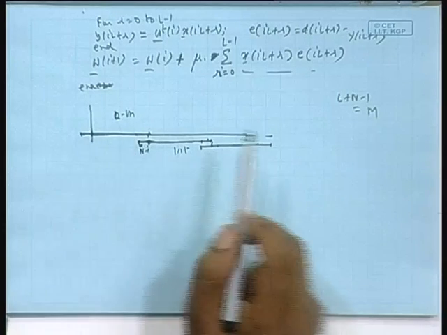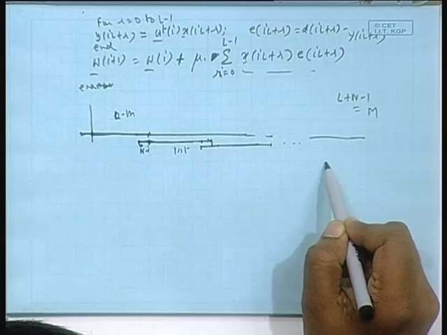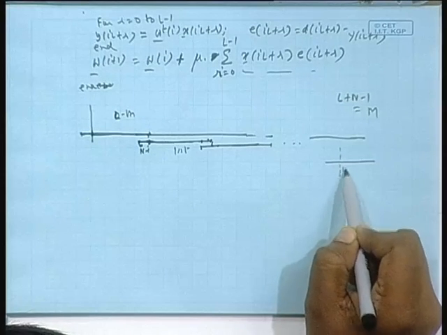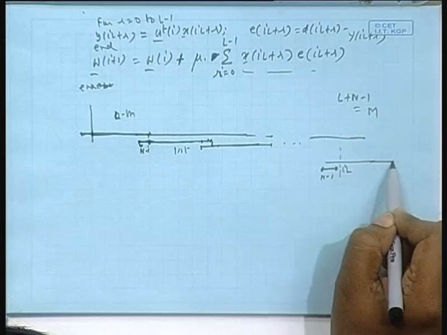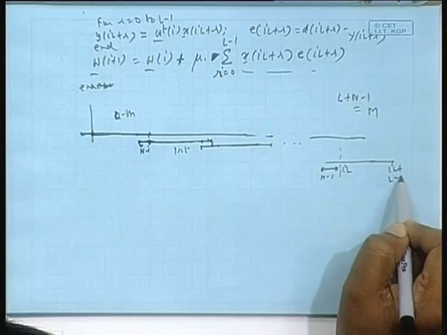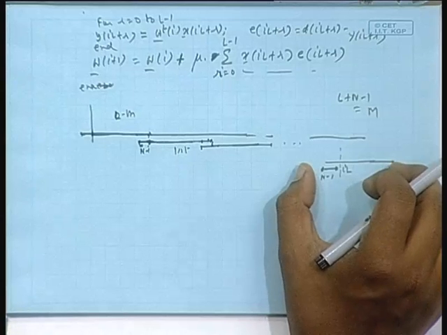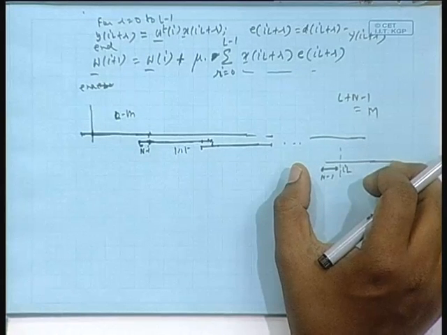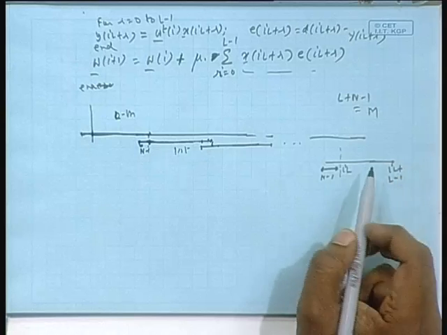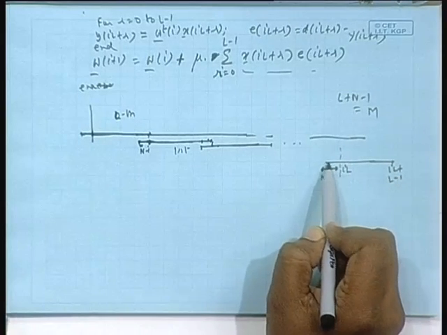For the ith case, this is iL and I am having extra N minus 1 points, and it will go up to iL plus L minus 1. This is my ith block. For this block I will be using W(i) as the filter, using convolution at this point, this point, this point.